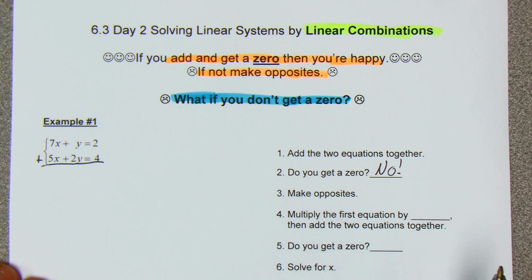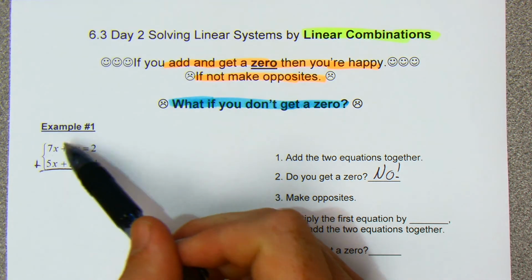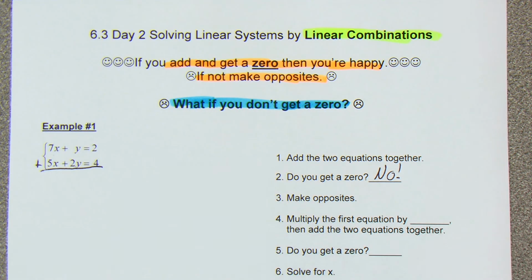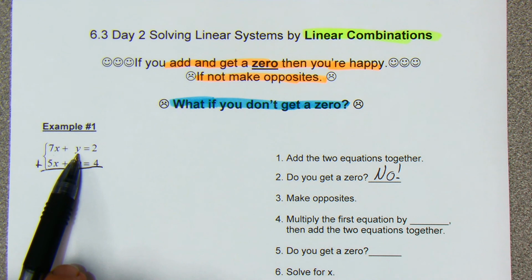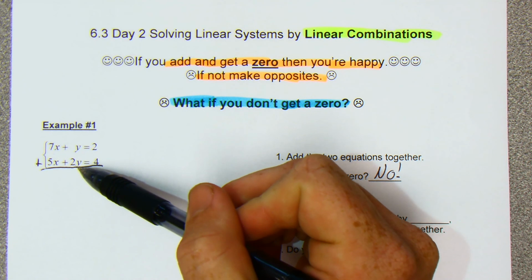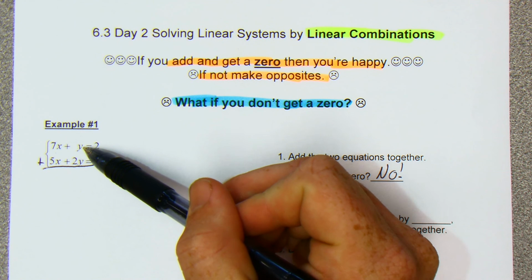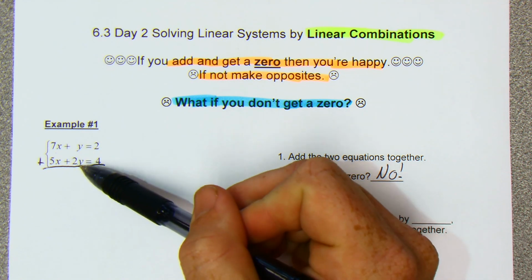So we have to make opposites, but we cannot make opposites by simply multiplying by a -1, because that would not make opposites. We have to make sure that we have opposites on the top from the bottom. The easiest way that I think we can do that is, see this y is by itself? That means we can multiply it by anything and it will become that. So we want the opposite of this 2y. Let's look at this 2y, and we need to think about, what do I need to multiply this by to get the opposite of this 2y?